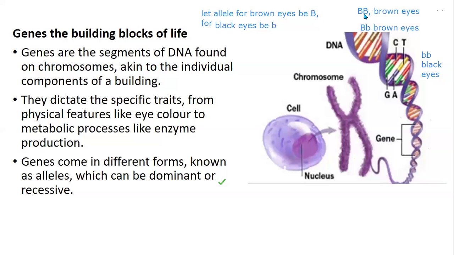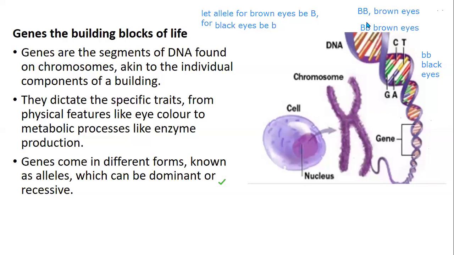What I was showing you here, capital B is a dominant allele. So whether it's present alone or with another allele which is different, it will always express itself phenotypically. When we look at that organism, the character of that allele always comes through. But recessive alleles, like small b here, have to be together for them to be expressed.